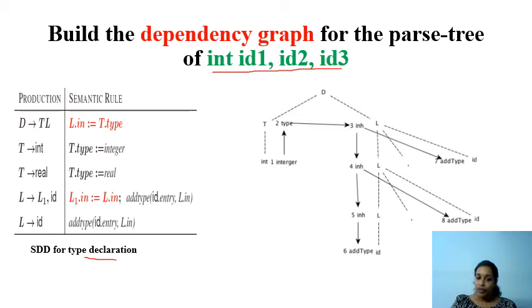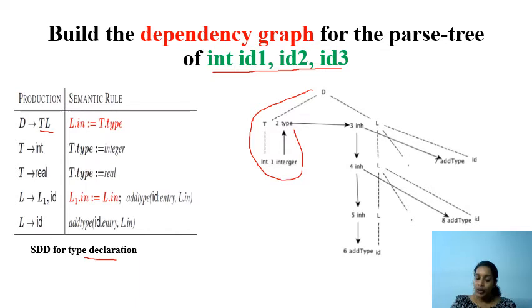As mentioned before, solid lines represent the dependency graph edges and dashed lines represent edges in the parse tree. Now, this one means integer. T gets its integer value from here. The dependency is between T and L. T gives its value to L.